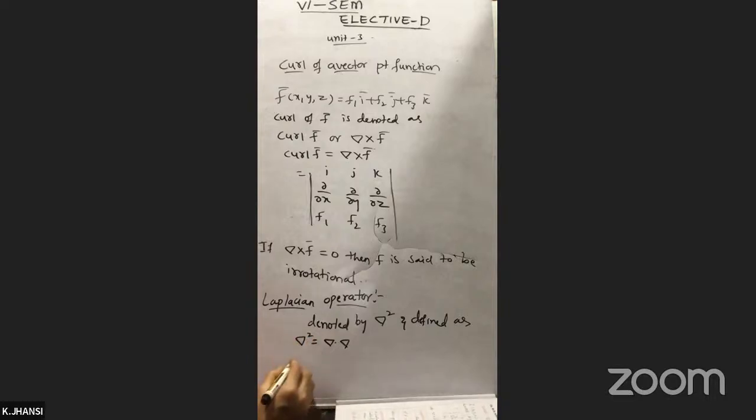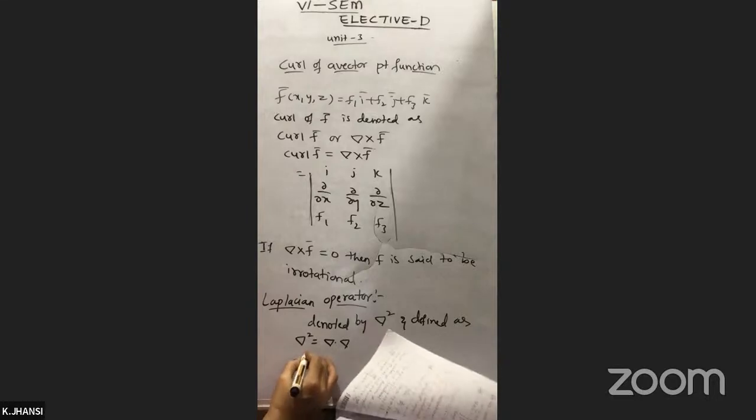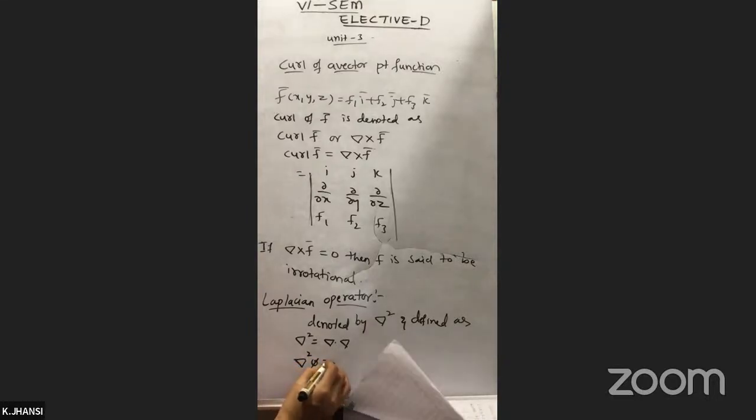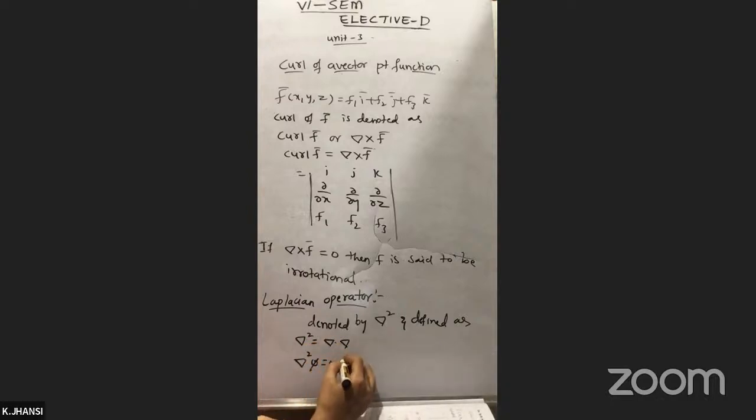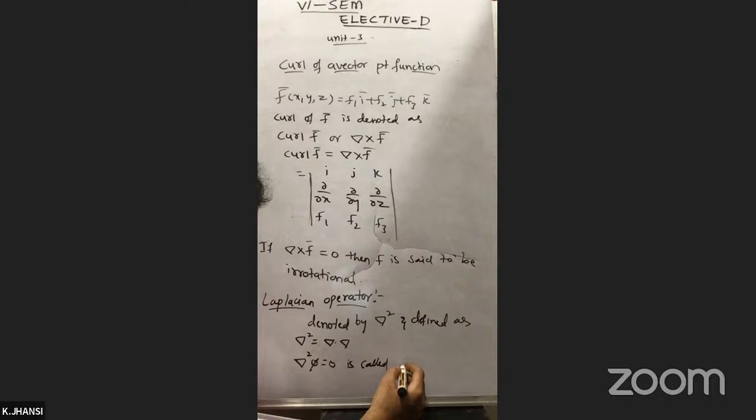So del square phi equals 0 is called the Laplace equation.